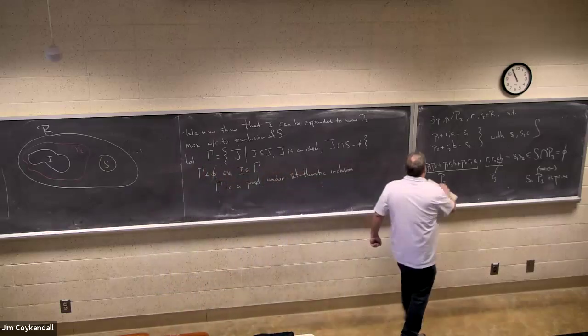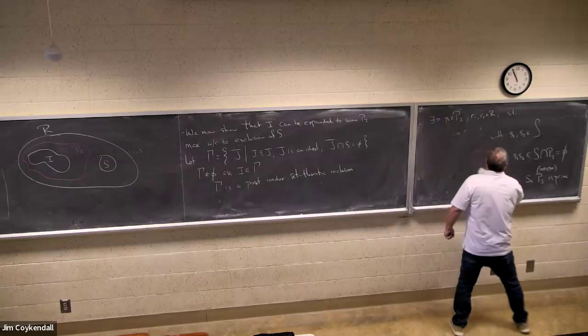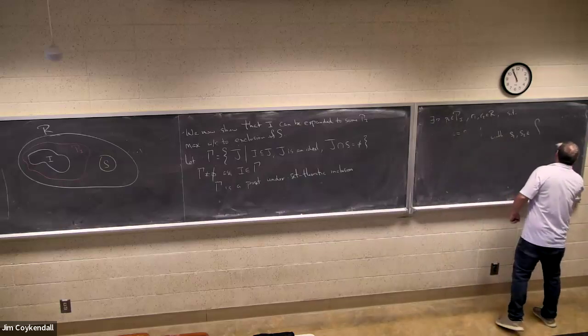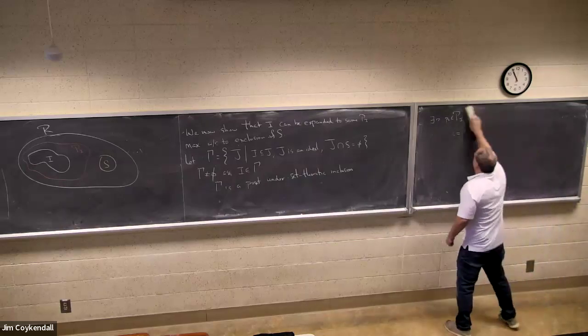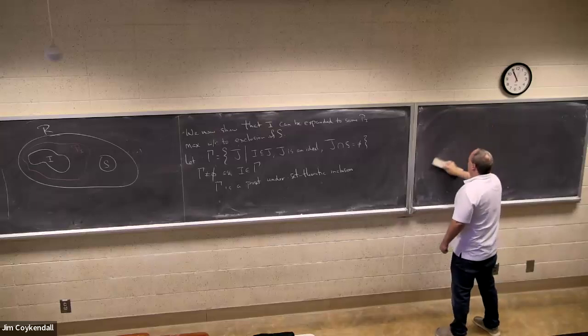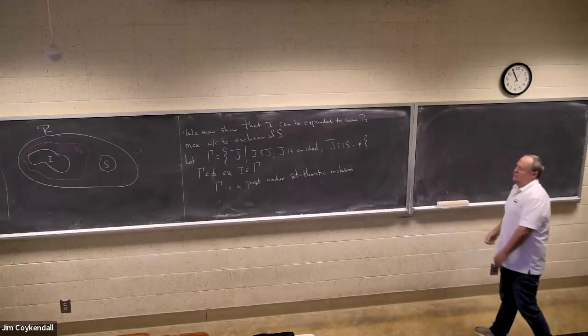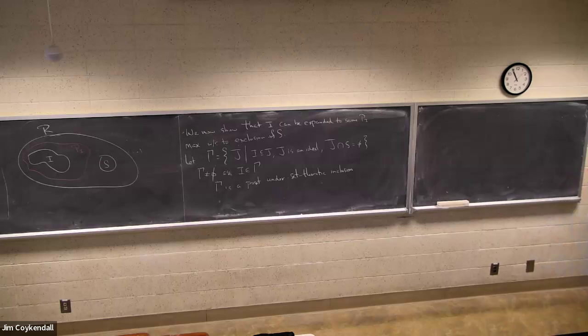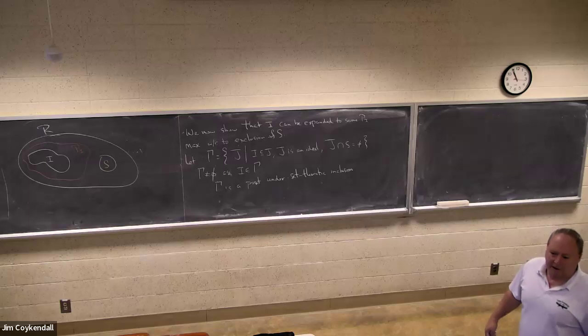Okay. Now, what do we have? We have a partially ordered set, and we want to show that it has a maximal element. So what do I need to do to be able to invoke the power of Zorn?